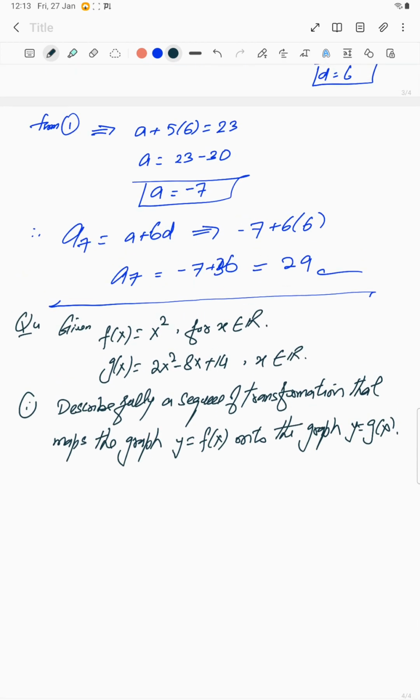So it's a simple question. You have to transform the function f of x onto g of x.